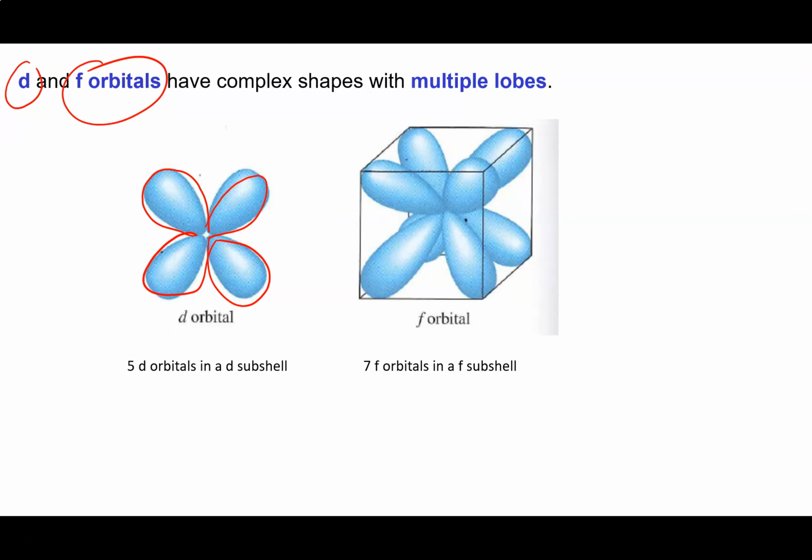So you can kind of recognize them. There is a nice D orbital that looks kind of like that, which is really cool. Whereas the electron is somewhere on the surface of the orbital. That's where it is. Okay, so given diagrams, you should be able to distinguish S, P, D, and F orbitals.